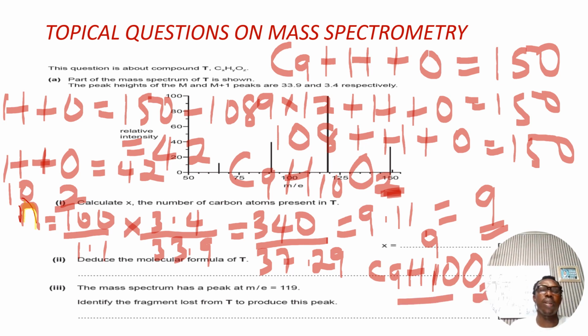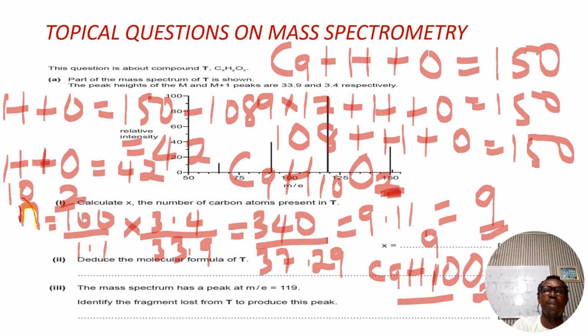Now the next question is, the mass spectrum has a peak at mass to charge ratio 119. Identify the fragment lost from T to produce this peak. So the molar mass is 150. So 150 minus 119 is equal to 31.